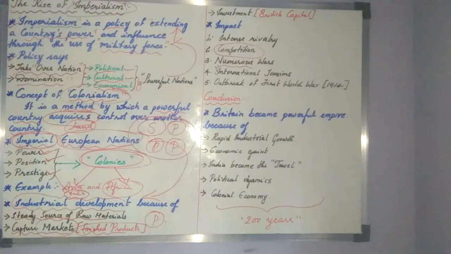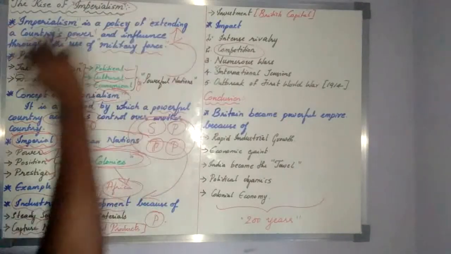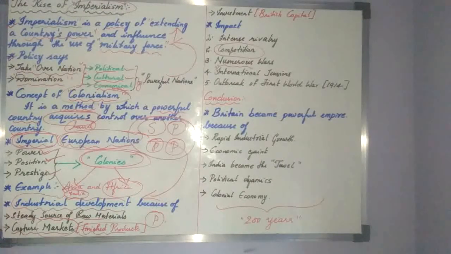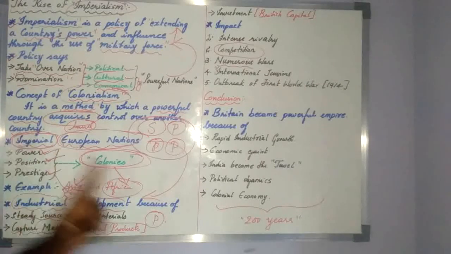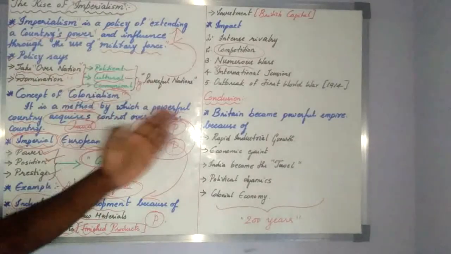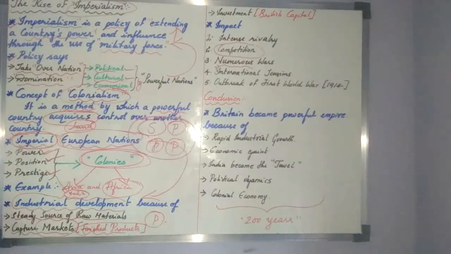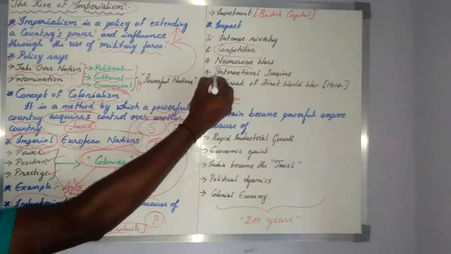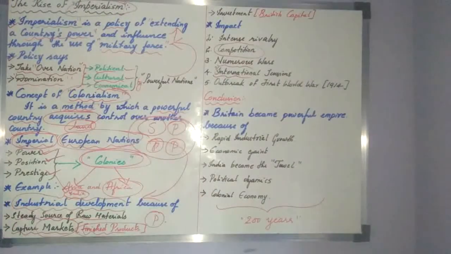Worldwide, tension started to build. That tension in 1914 resulted in the First World War. There are two world wars: the First World War in 1914 and the Second World War in 1940. We call it international tension.